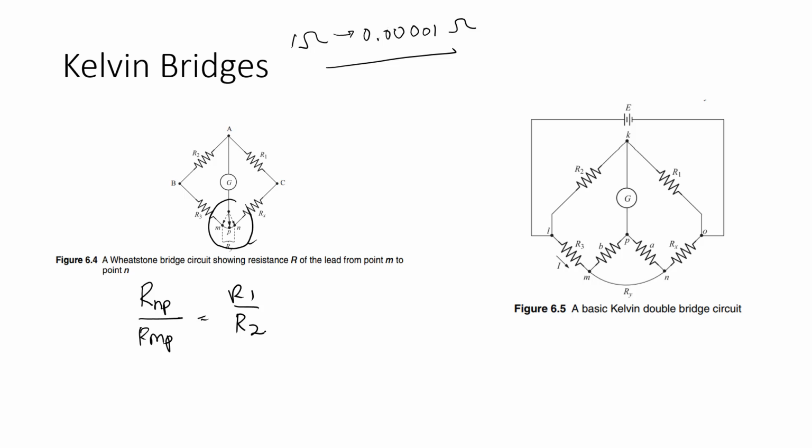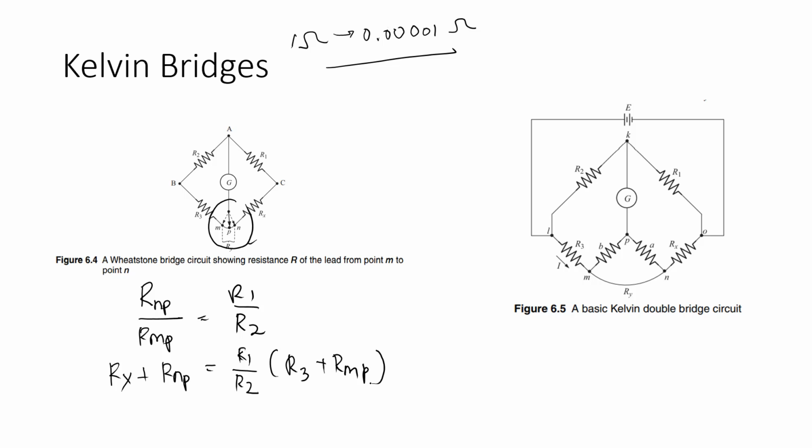So we have the balance equation that Rx plus R_NP is equal to R1 plus R2 multiplied by R3 plus R_MP.